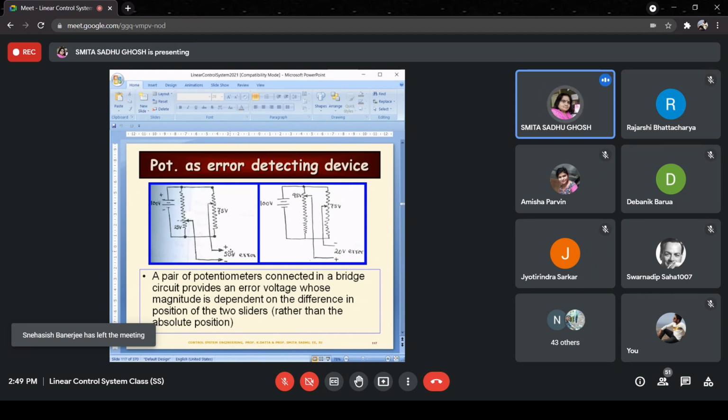The output now is going to be read from here. So this is the output voltage. Now the output voltage actually is going to be indicating the difference in the readings over here. Readings, by readings I mean the linear displacement and hence the proportional voltage.